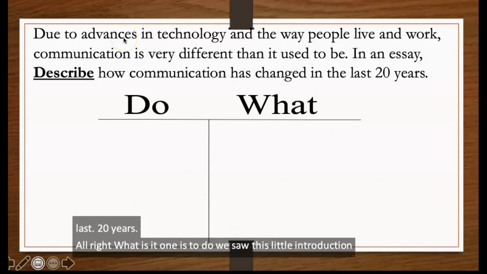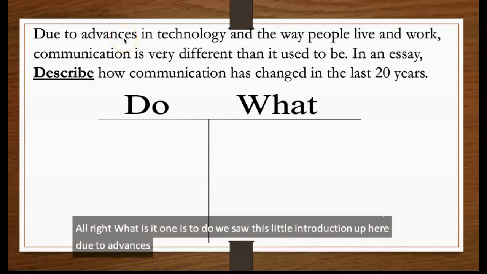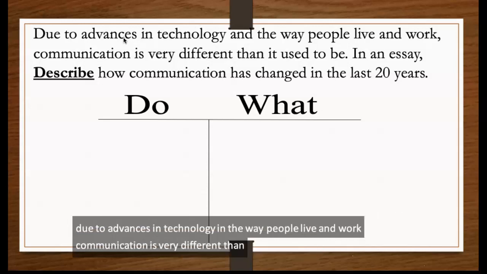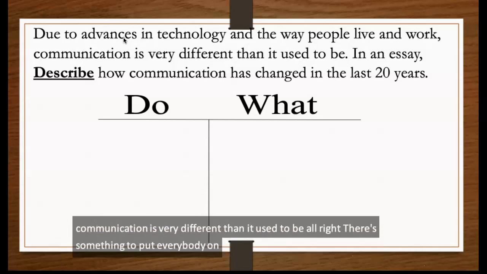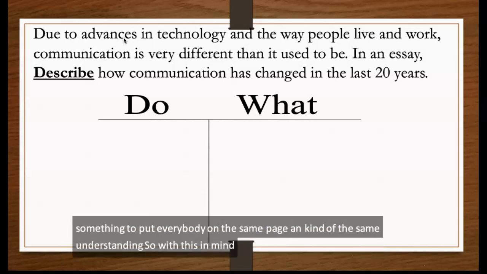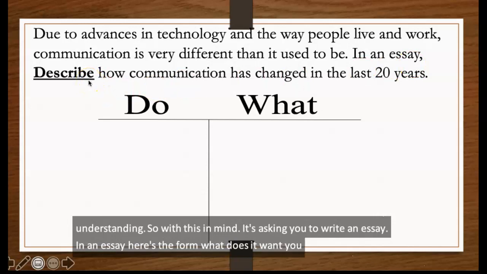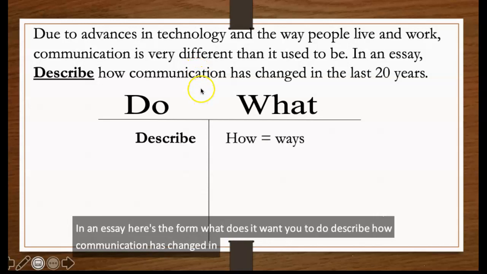There's something to put everybody on the same page and kind of the same understanding. So with this in mind, it's asking you to write an essay. In an essay, here's the form. What does it want you to do? Describe. Describe how communication has changed in the last 20 years.